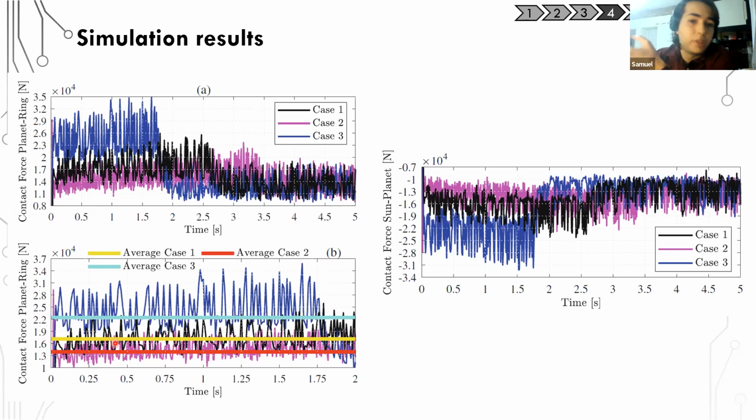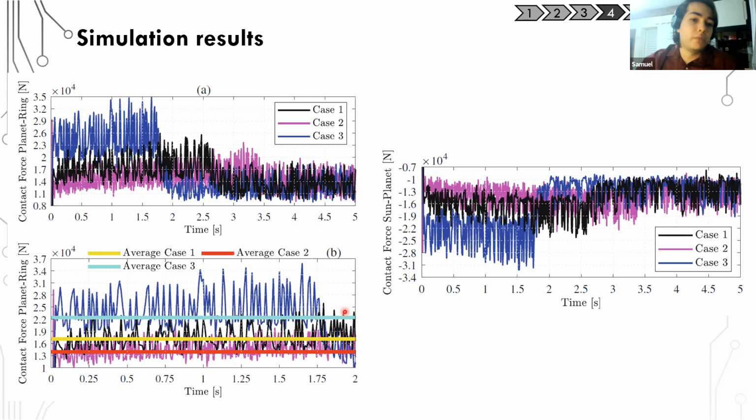This is primarily due to the fact that an increase of the main shaft inertia results in a reduction of the rotation acceleration, so we have a decrease of the contact forces. For the third case, which features less main input shaft inertia, there is a greater rotation acceleration, which directly affects the backlash effects.